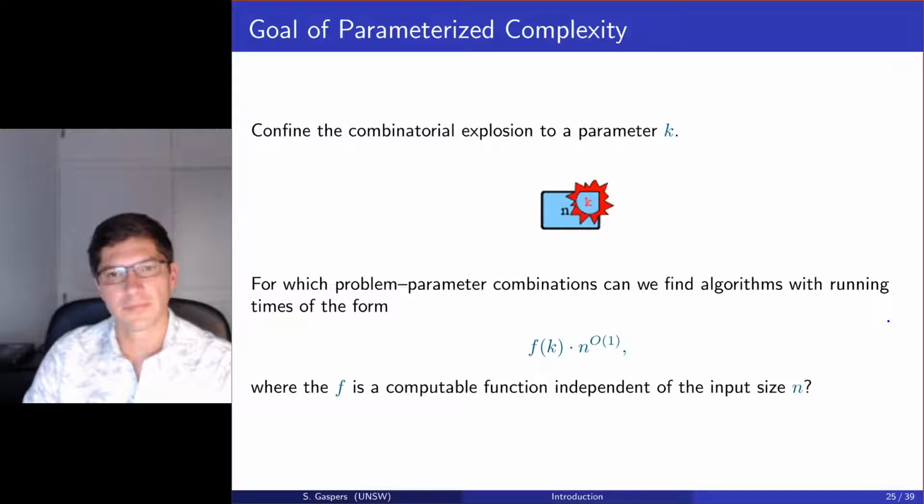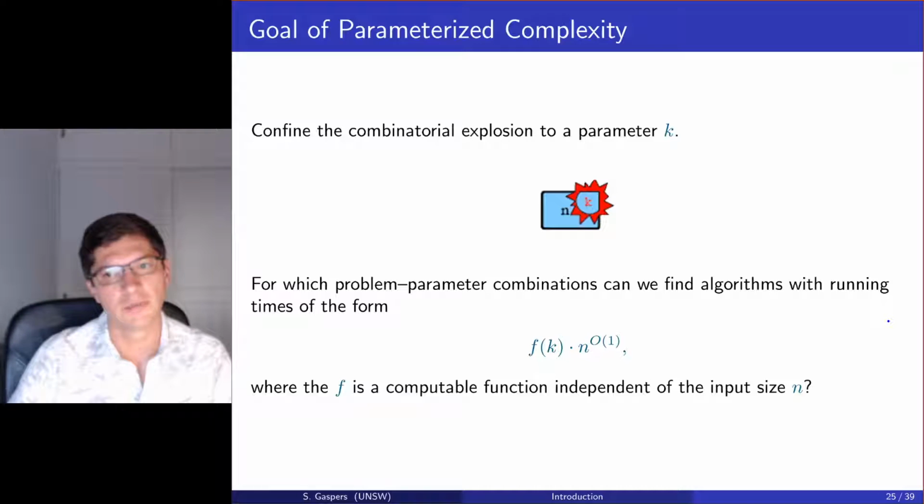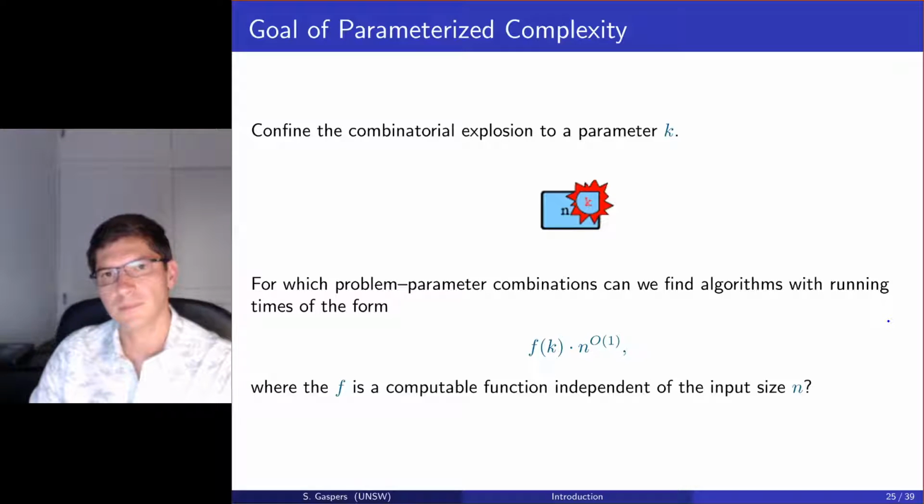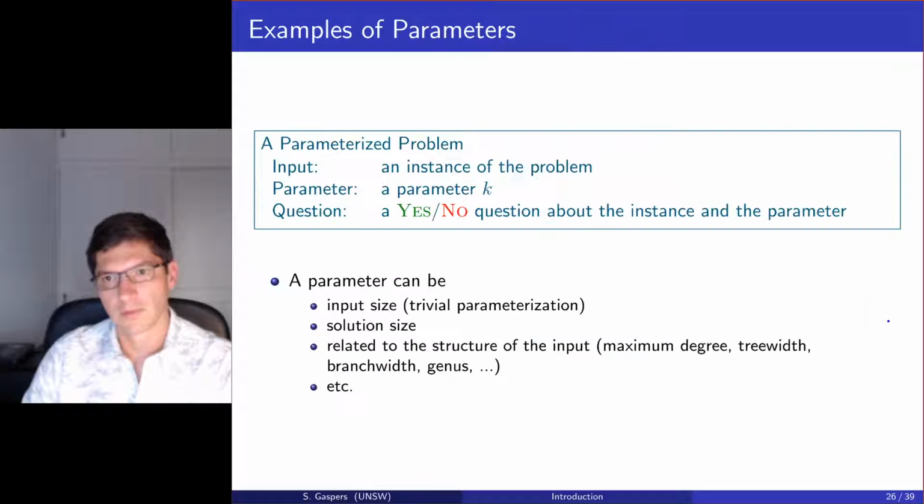And here this f just needs to be a computable function of k that's independent of the input size n. So our goal is to study which problem parameter combinations have these kinds of algorithms.